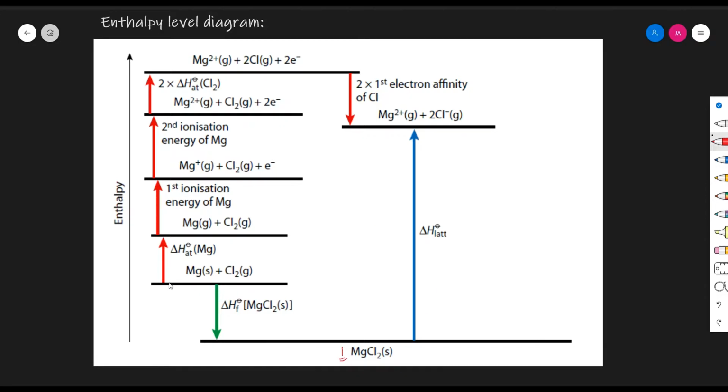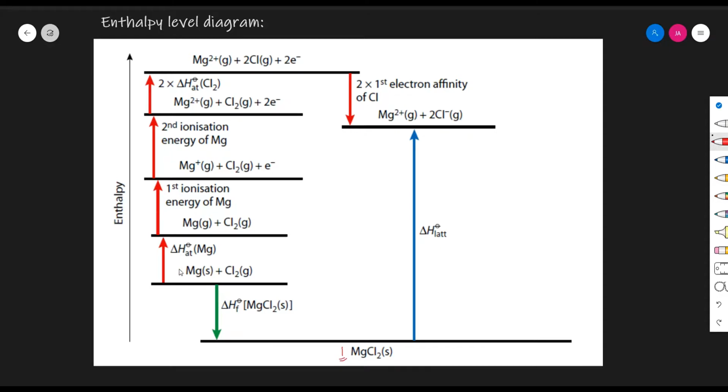The second enthalpy level I would draw would be that for the enthalpy change of formation process, which is when 1 mole of magnesium chloride solid is formed from its constituent elements in their standard states under standard conditions.